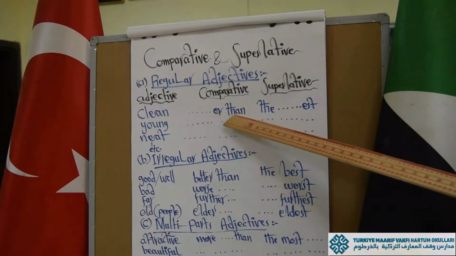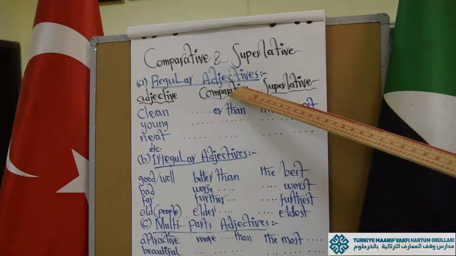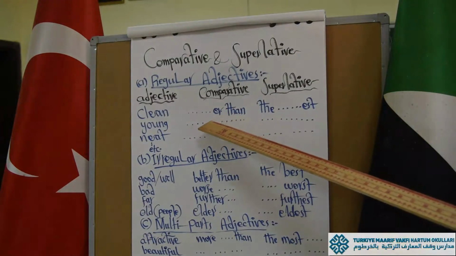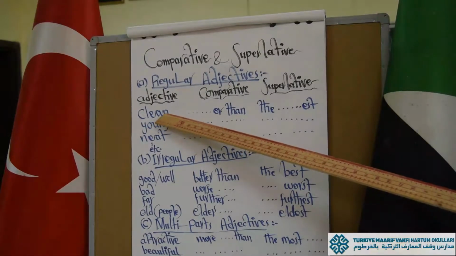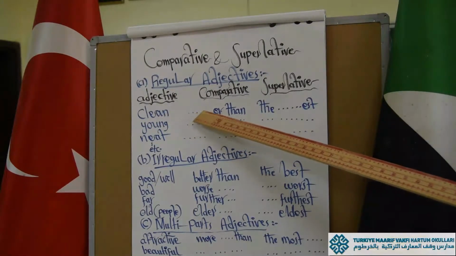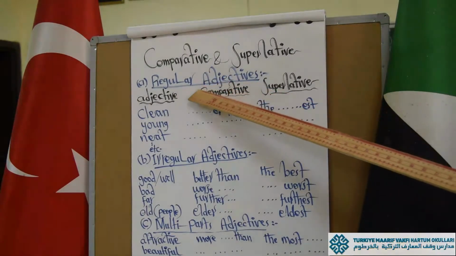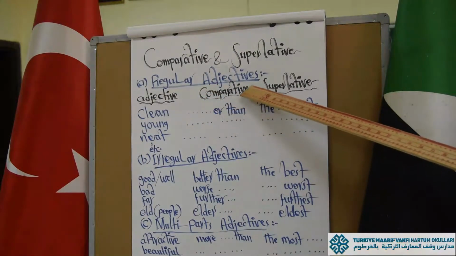Clean becomes cleaner than if there are only two things compared. So I can say there is a kitchen and a bedroom. The kitchen is clean, but the bedroom is cleaner than the kitchen. Of course, it is a comparative form because there are only two things used.